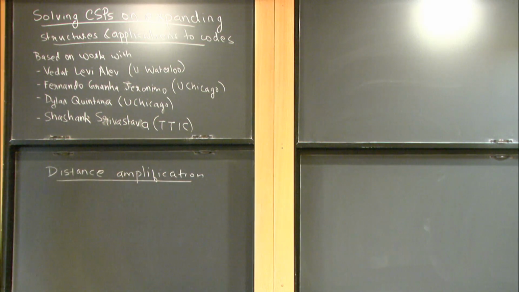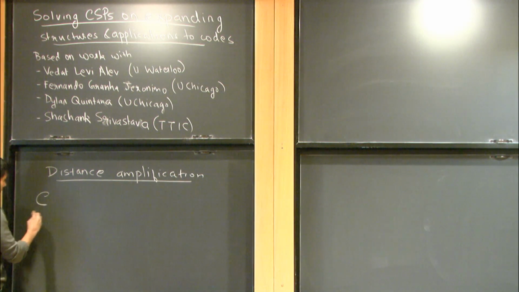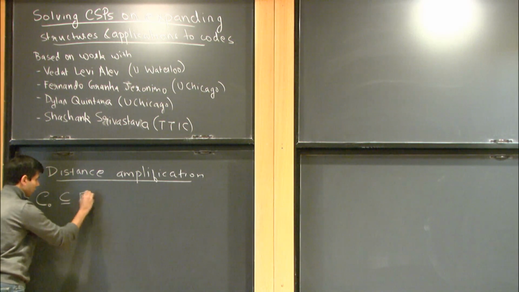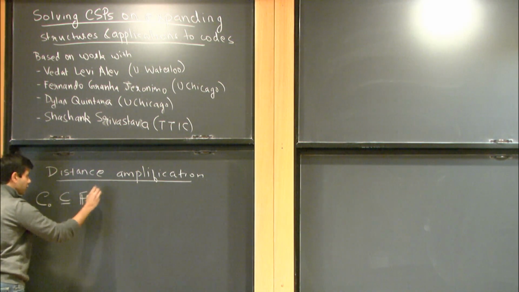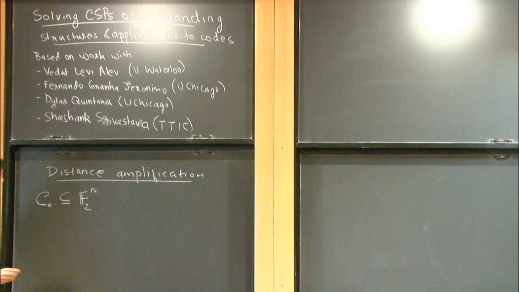So let's say we have some code which is, for the purposes of this talk, nothing but a subset of F2 to the n.